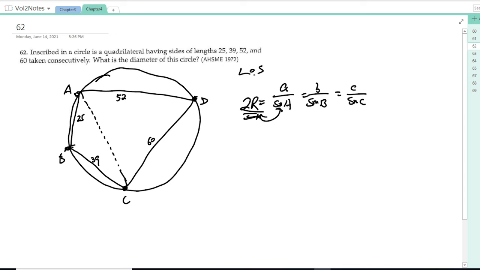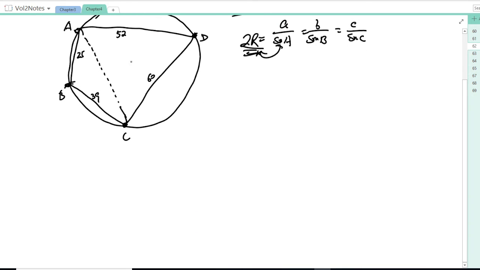So we need a triangle, which needs a side and an angle. Let this angle be alpha, then the opposite angle is 180 minus alpha. So we can use the law of cosines to find AC.